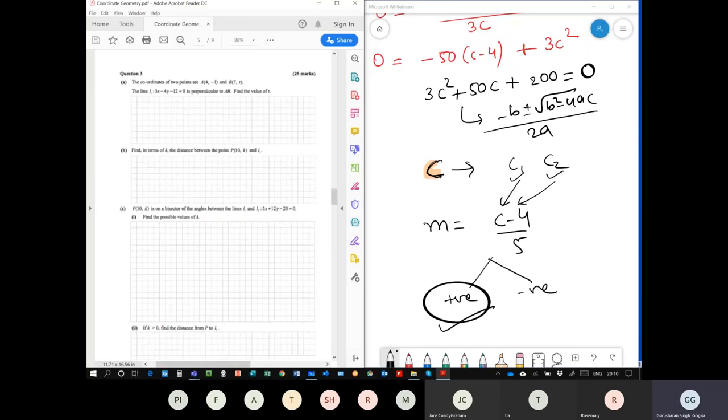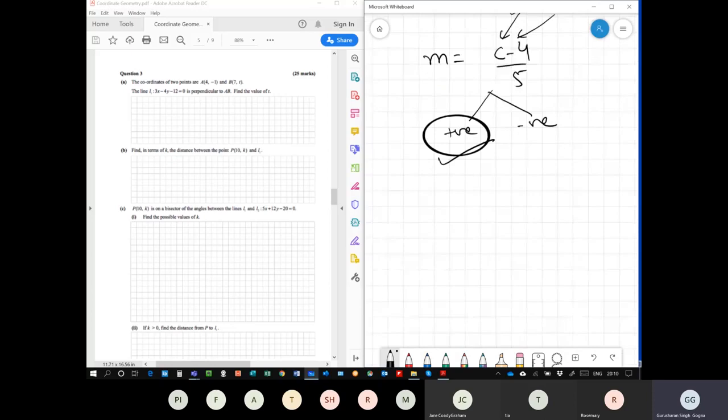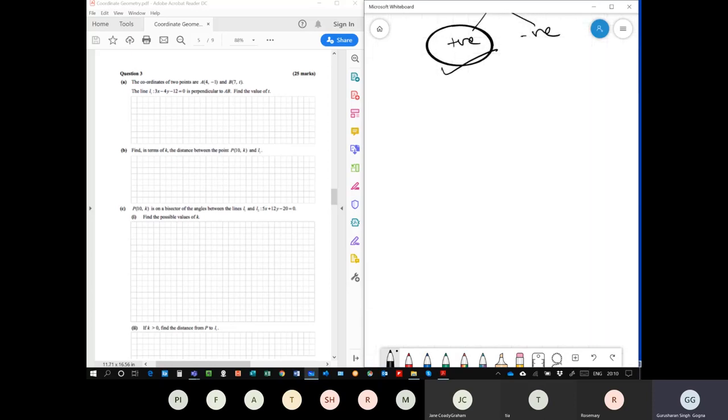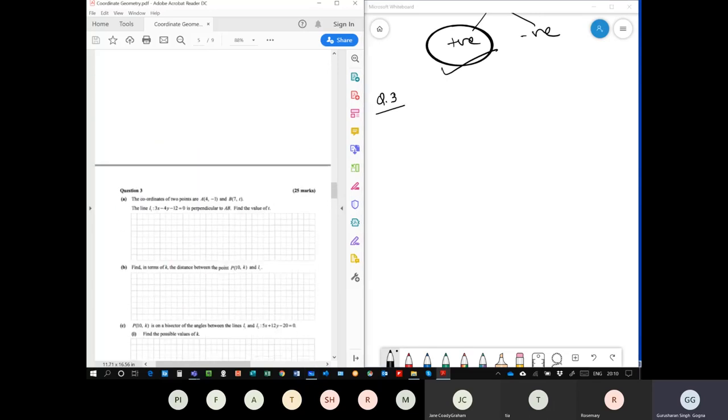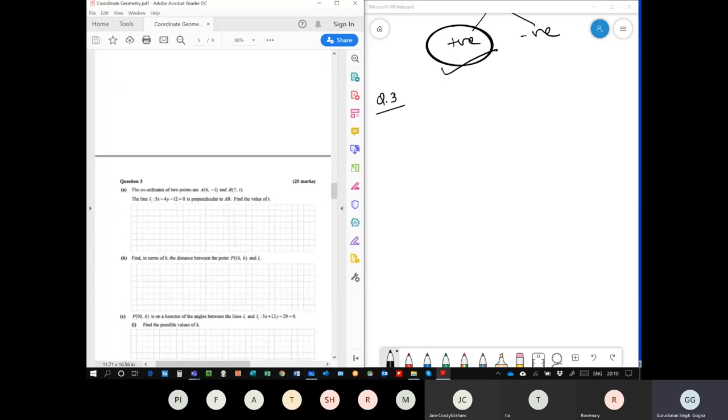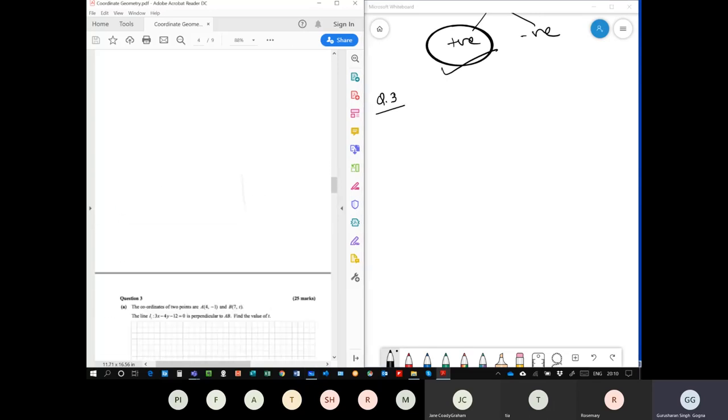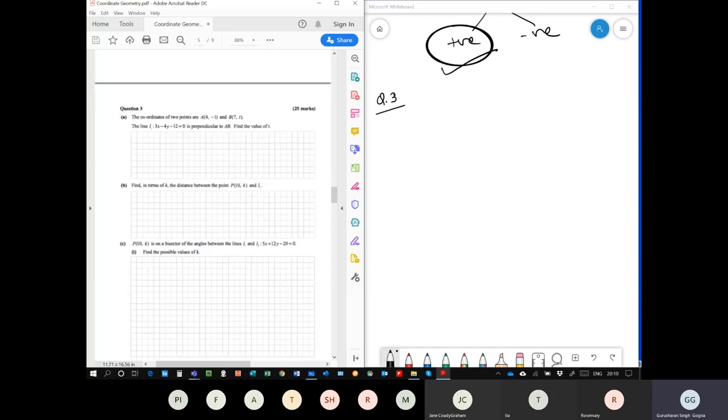Okay, so let's try this question. This is also important. Question 3, and probably this is from the 2015 paper. So the thing with maths is, even if you do 5 questions, let's say exam type of question, if you understand the concept, you can do any question in coordinate geometry.